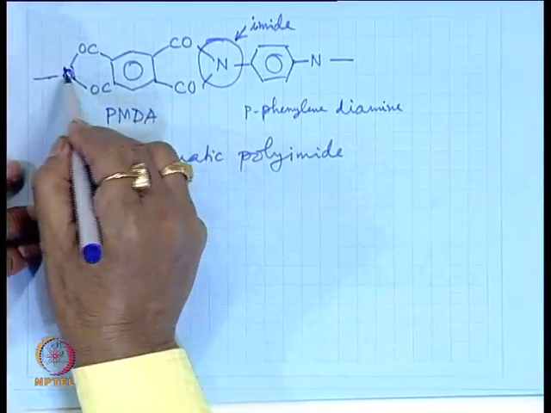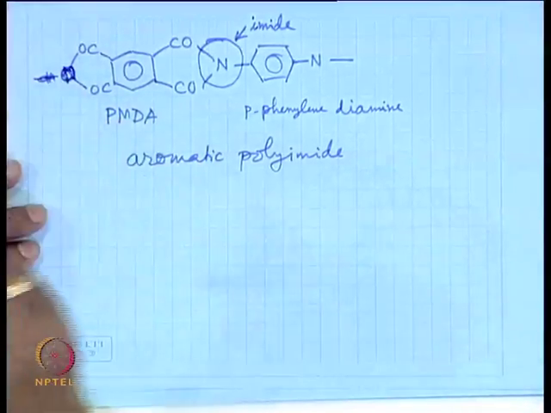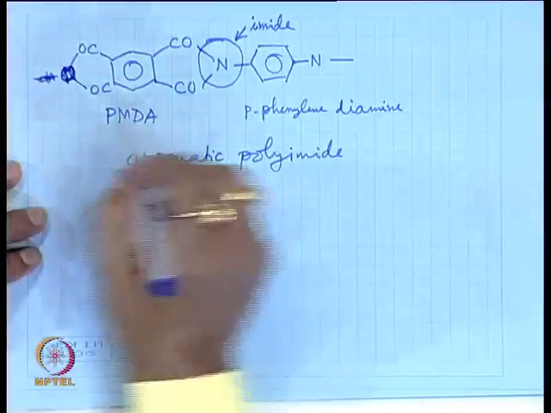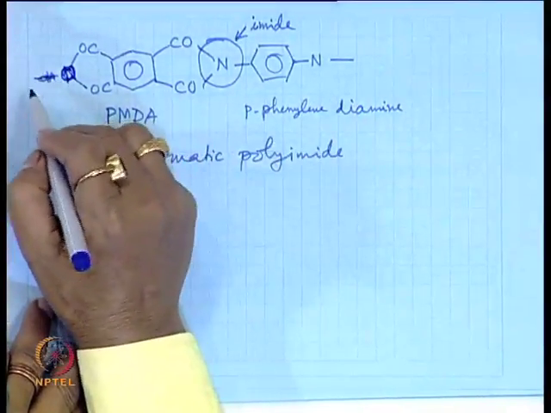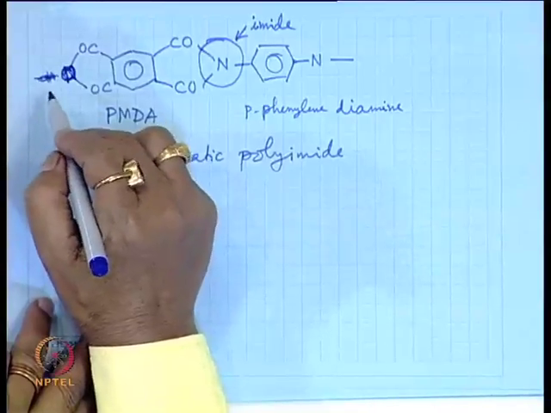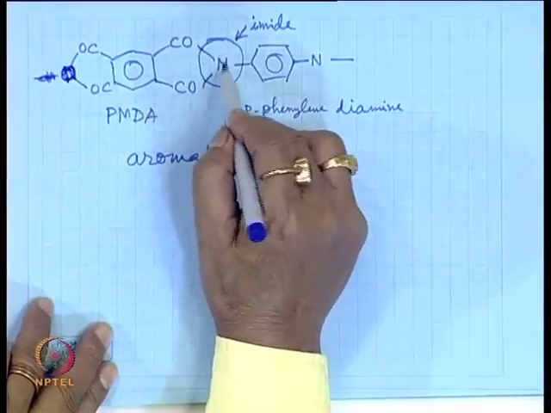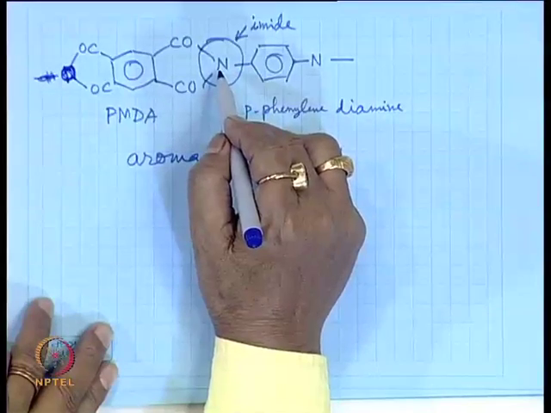I am sorry, I should not show any bond here. So, keep like this anhydride oxygen, keep here oxygen, then of course you have to write one more unit this side. So, this is the imide linkage, all the 3 valencies of nitrogen are satisfied.